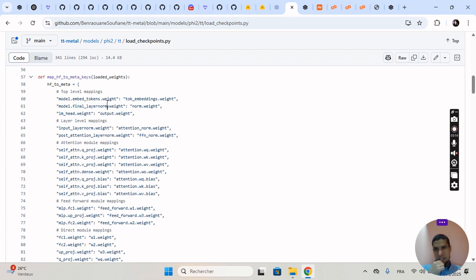Here you can see the final norm. It was just norm, but because I have final norm, which is the equivalent of norm, the final layer after all the transformer blocks, input norm and post attention norm.